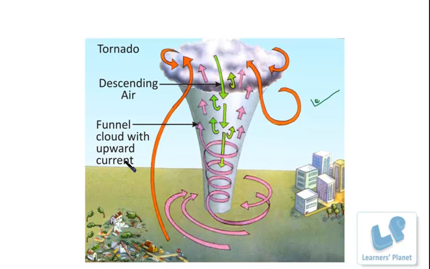The funnel cloud has an upward current, it's going up, and this is the descending air, which is going against the funnel cloud with the upward current, and that is why a cloud is formed, because of these forces, and a tornado occurs.